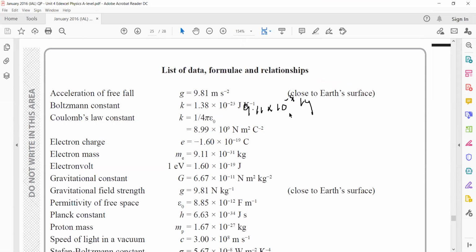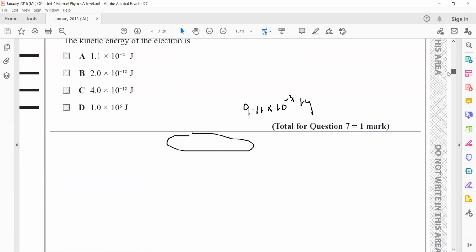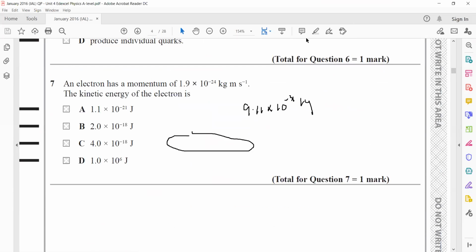Here, mass of electron is given as 9.11 times 10 to the power minus 31. The answer is B. Here B is the correct answer.